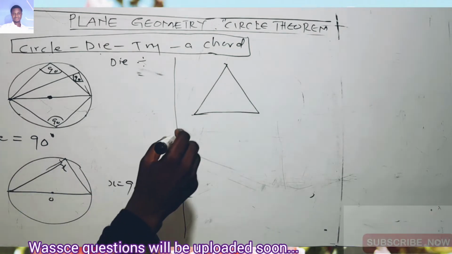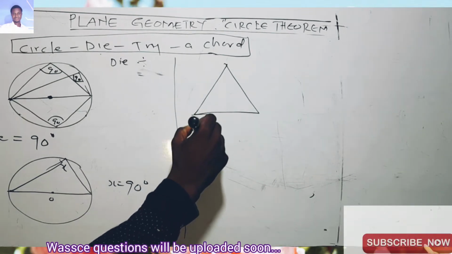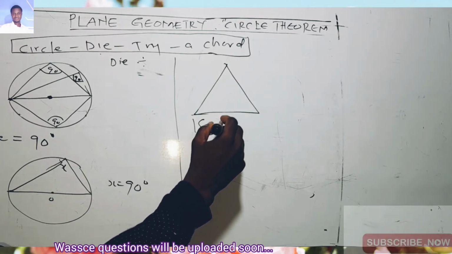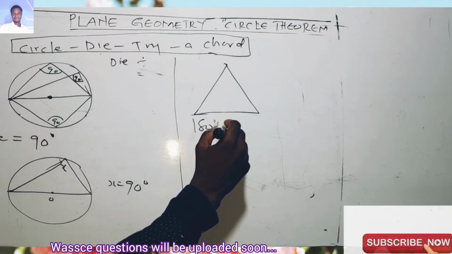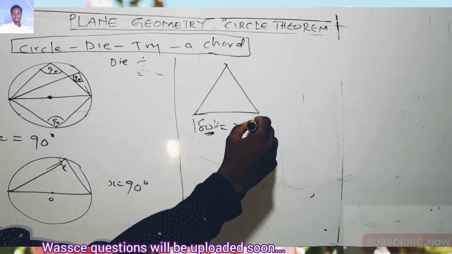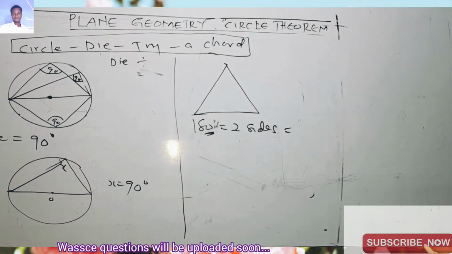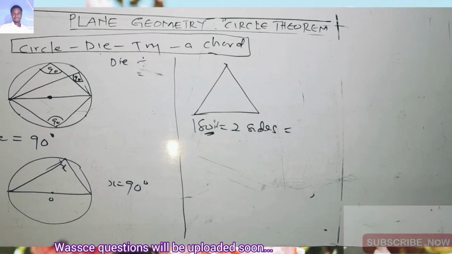Remember, in an isosceles triangle, two sides are equal. Iso means same, so two sides are equal.